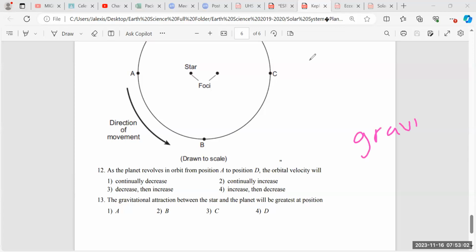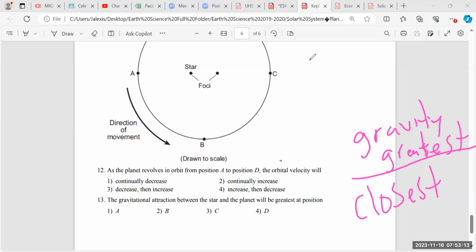The gravitational attraction is greatest when it is the closest between the planet and the star.